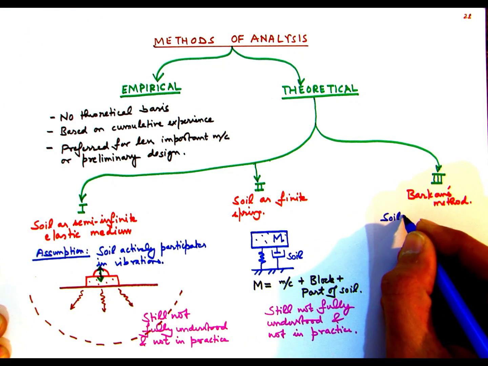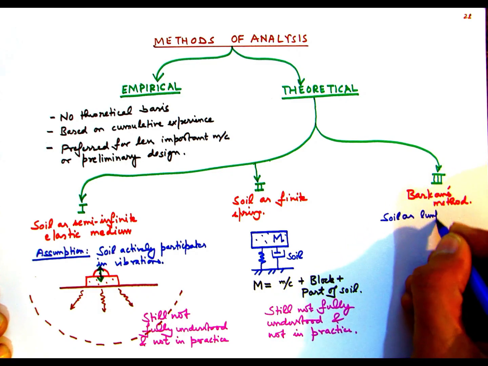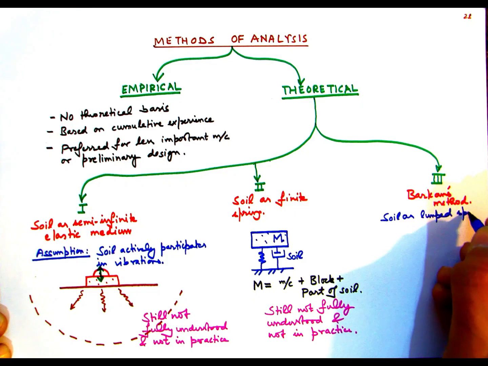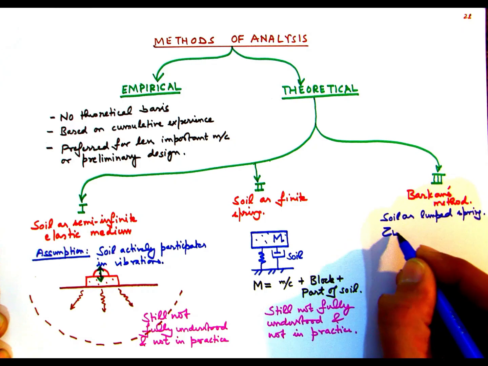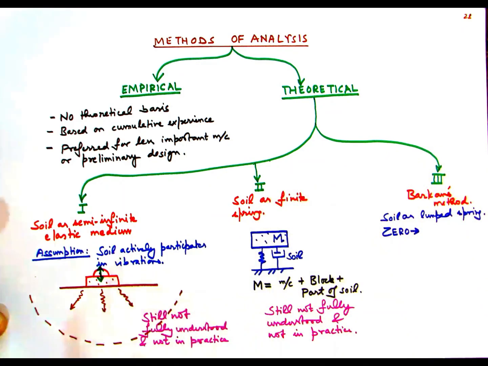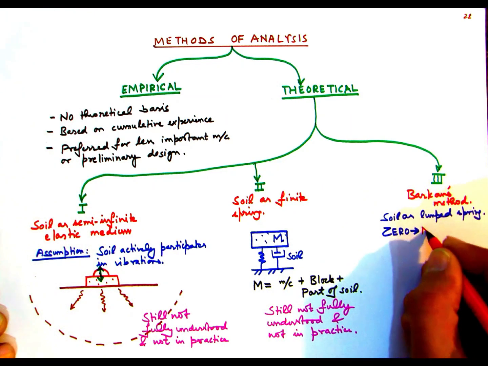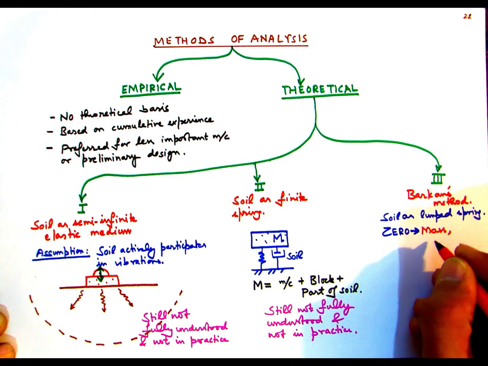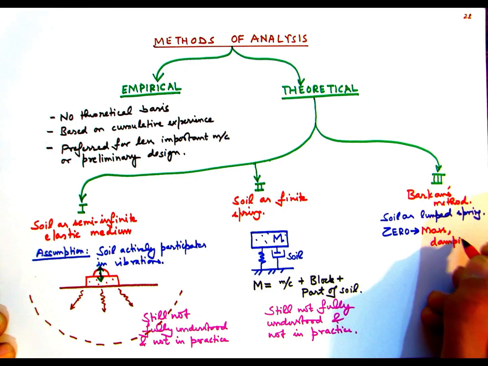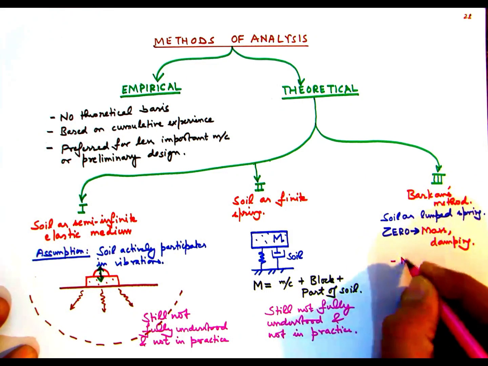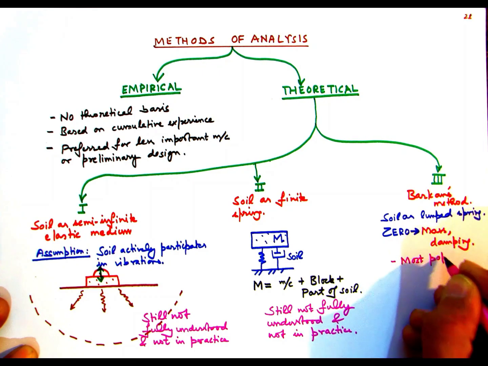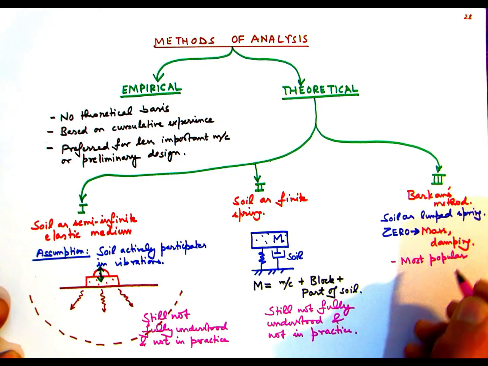Now, as compared to these two methods, the Barkan's approach considers the soil as a lumped spring. The important feature is that it considers the damping contribution as 0 and also the mass contribution of soil to be 0. So these are ignored, so that makes the method simplified as compared to the other two. So as of now, this has been the most popular among the theoretical methods.